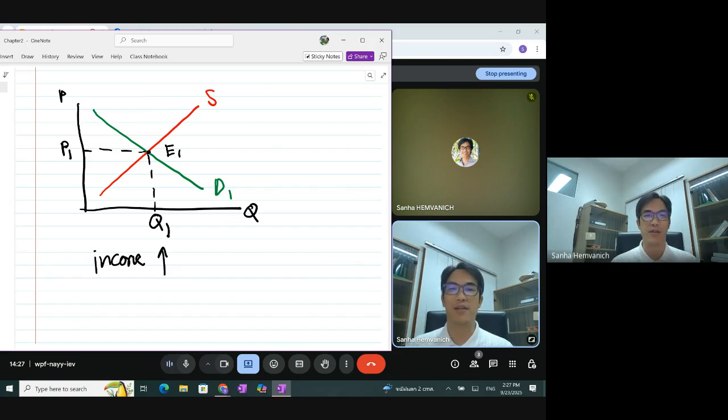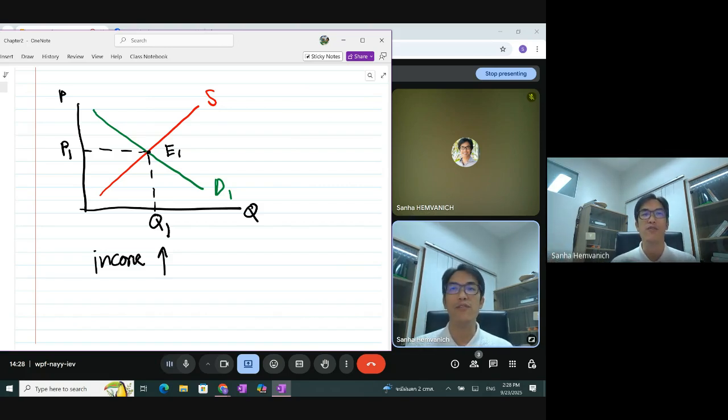So when income increased, it can affect demand, not the supply, because we imagine supply to be the producers, the firm or factory. Supply would shift with, for example, a technology change, improving technology, or maybe some shock in the market, like oil price increases.